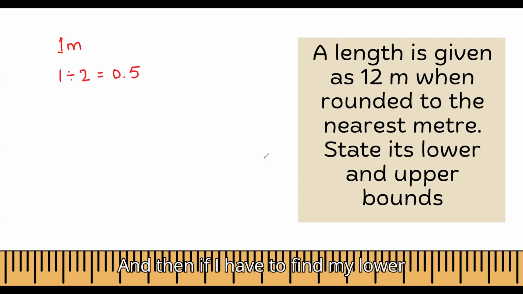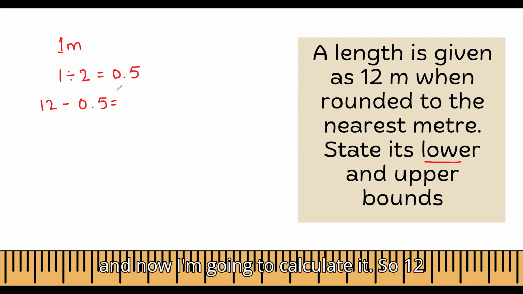And then if I have to find my lower bound, I'm going to subtract this from my length. So 12 minus 0.5. And now I'm going to calculate it. So 12 minus 0.5 is going to give me 11.5.